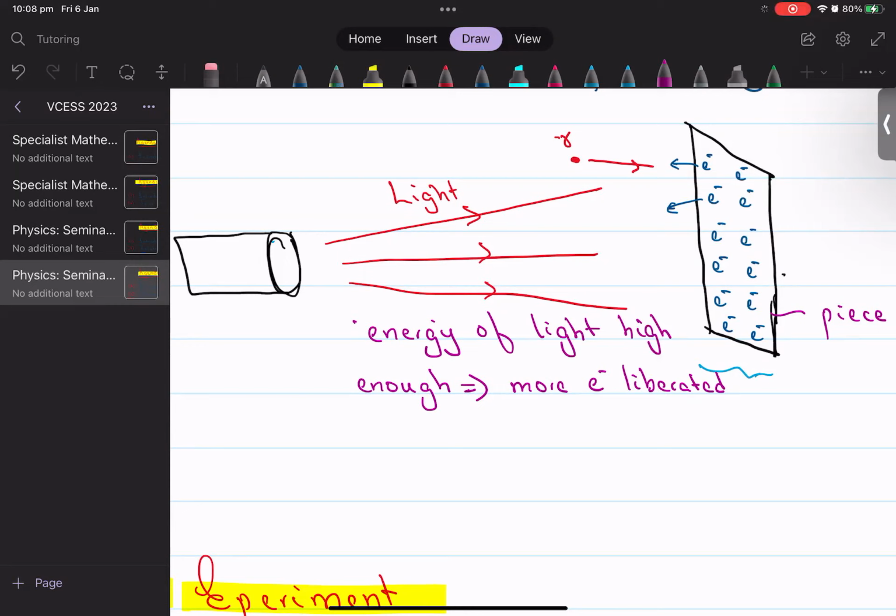So the higher the energy of the photon, the higher the energy of the emitted electron is. So the more photons you have with sufficient energy, the more electrons you're going to liberate from the surface of that metal.